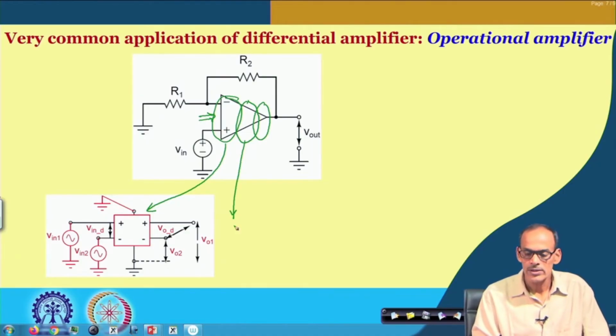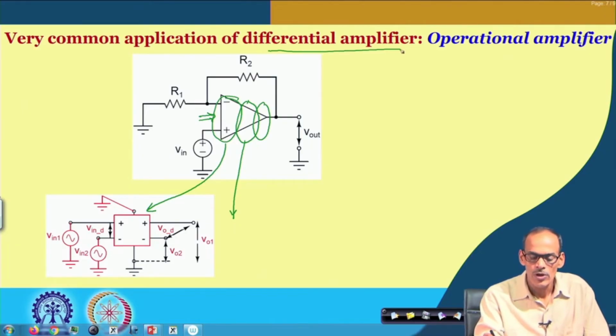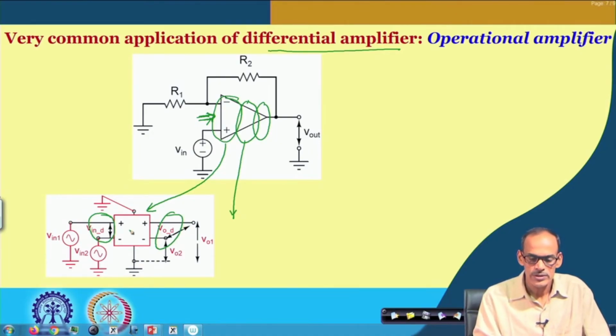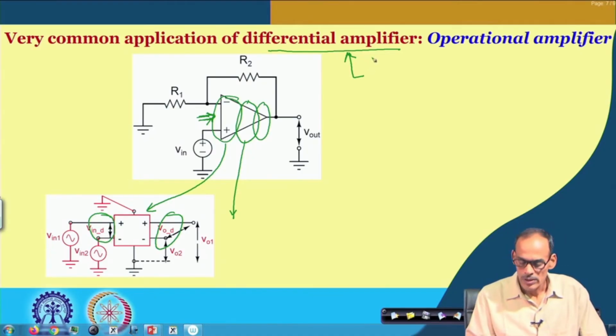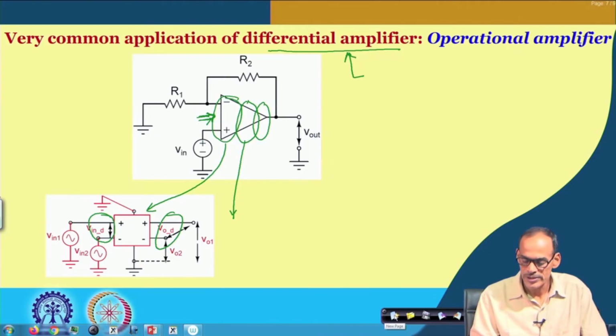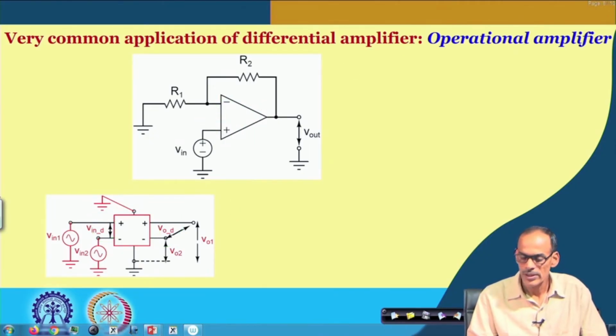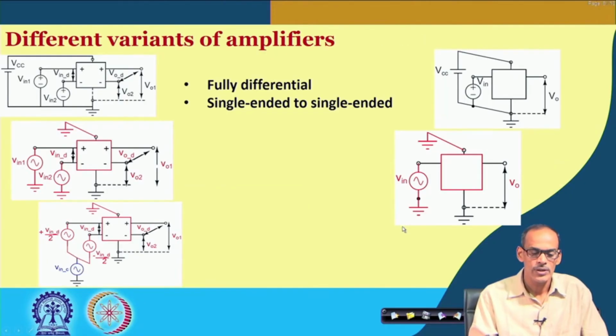So, this is another very common application of differential amplifier, where it receives the signal in the form of a differential signal and produces a differential output. We need to have a good understanding of the differential amplifier and its implementation. Now, there may be different variants of differential amplifier. So, in the next slide, let us see different variants of differential amplifier.